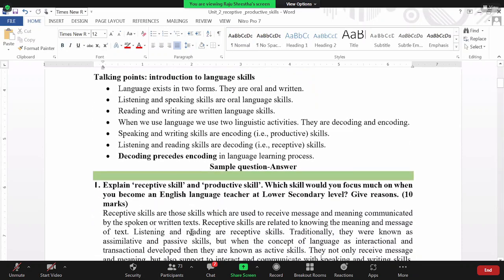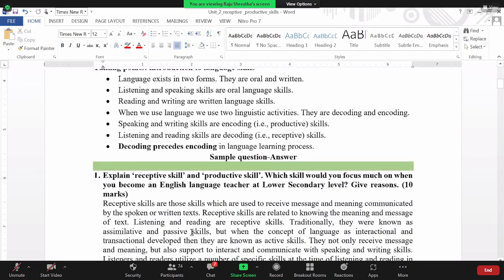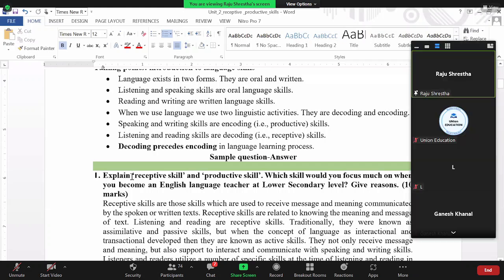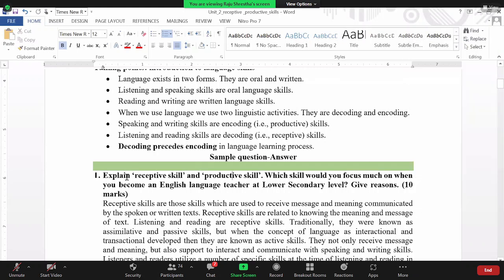अब यहाँ हामीले sample question answer पनि छ एउटा, यो हेरौँ. यो हेरेपछि receptive productive को एउटा इमेज पिक्चर आउँछ होला हैन, now let's see. Explain receptive skill and productive skill. यो दुईटाको एक्सप्लेन गर्नु पर्यो. Which skill would you focus much on when you become an English teacher at lower secondary level? Give your reasons. अब यस्तो टाइपको क्वेशनहरु हेर्न पर्यो.